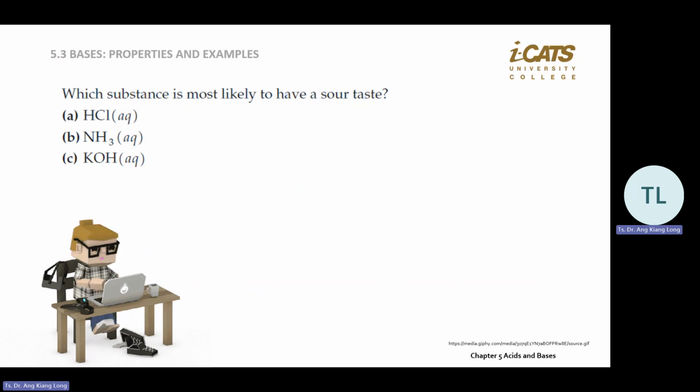KOH, of course not, because it's OH. So this one is HCl. And H3, because you have three hydrogen. Okay. HCl because it has an individual H.